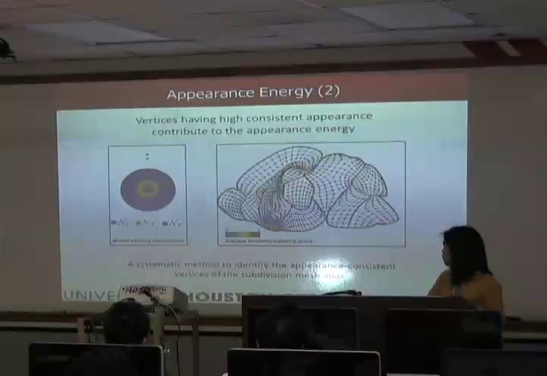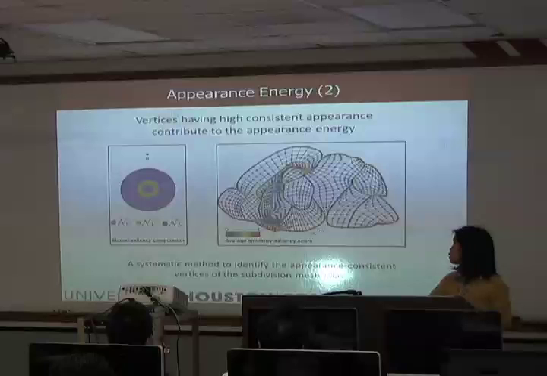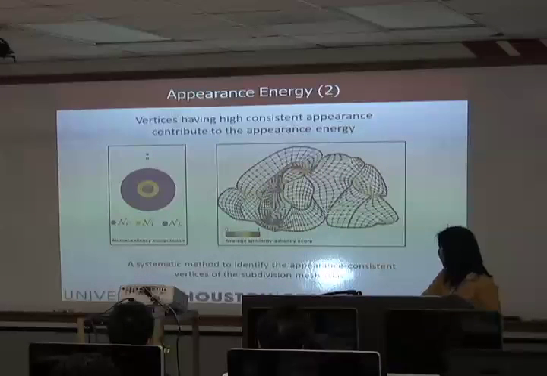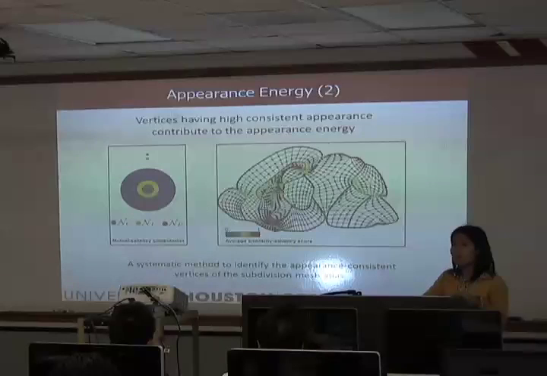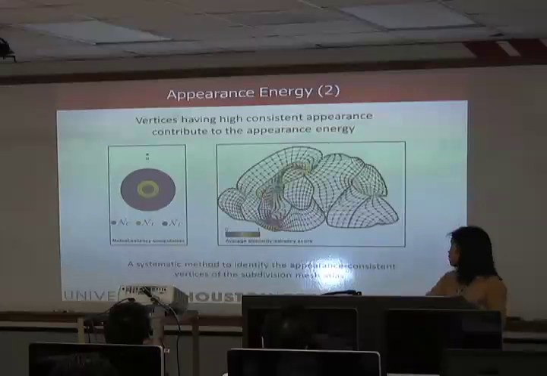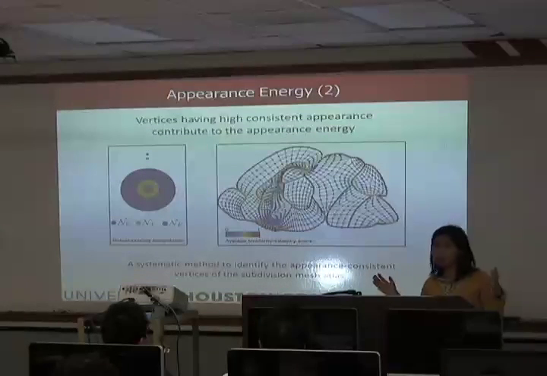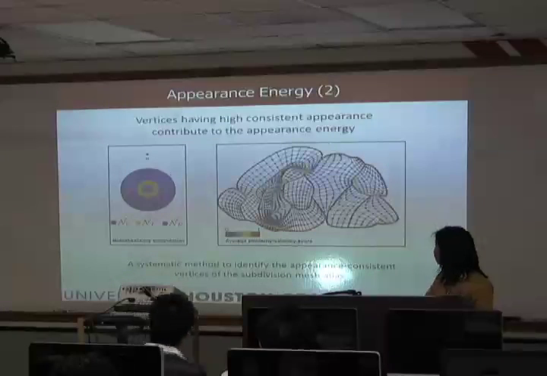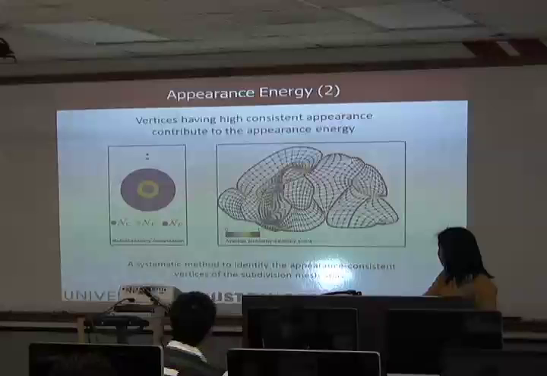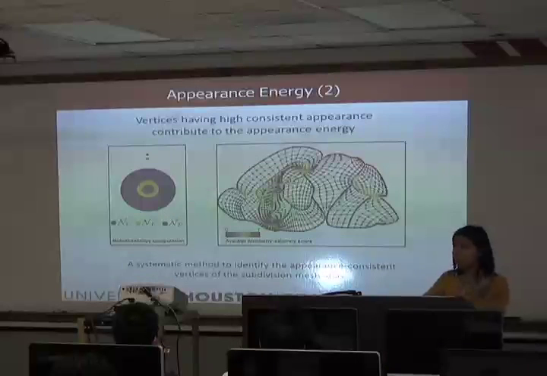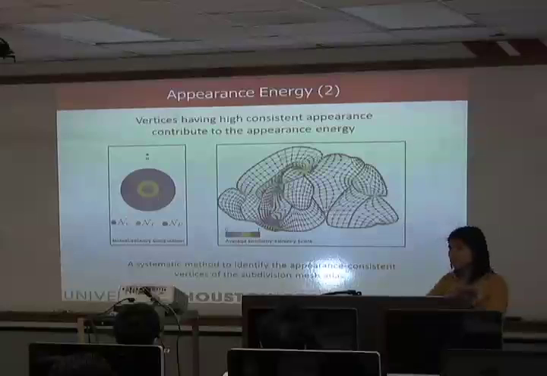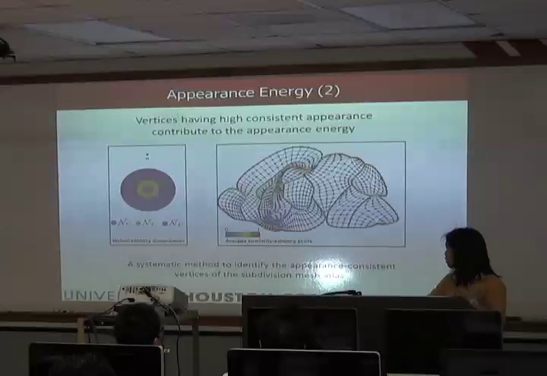Therefore we also introduce a systematic method to identify the vertices which have appearance consistent across different images, based on training data. And here in this figure, the vertices with the warmer color have a higher consistency degree in appearance.